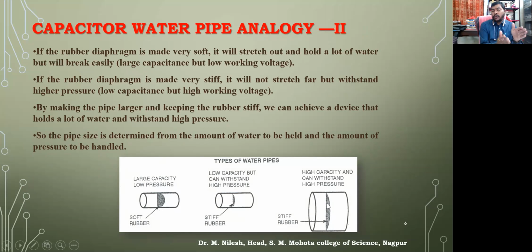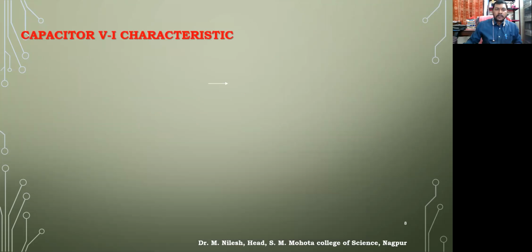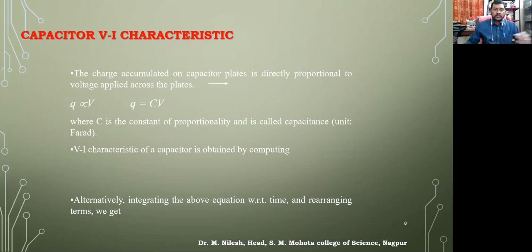So as we go on increasing the size, more charges can be stored. That is what we mean to say by using the same concept of a capacitor. When the plates are of very large size, then more charges can be stored on them. So that is one of the basic characteristics of a capacitor.